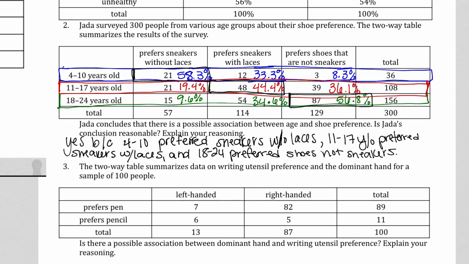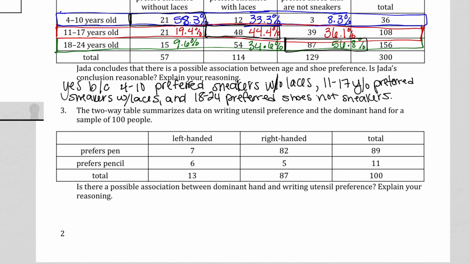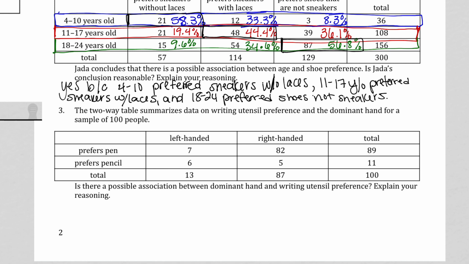All right, we have our last problem here. The two-way table summarizes data on writing utensil preference and dominant hand for a sample of 100 people. Is there a possible association between dominant hand and writing utensil preference?